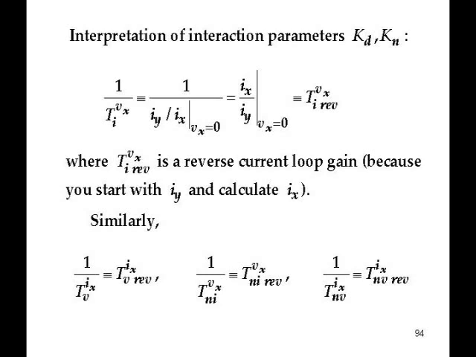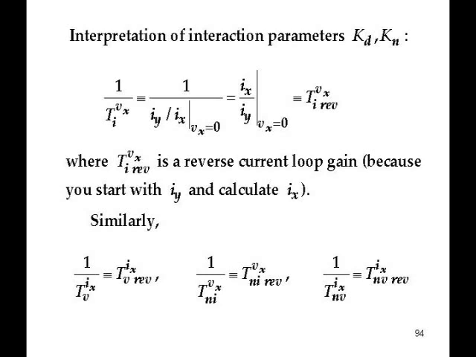And that itself you could define as a Ti Vx reverse. Because a transfer function is interpreted by saying the denominator is the driving signal and the numerator is the dependent signal. That's by definition. So the inversion of Ti with Vx nulled can be interpreted as a reverse current loop gain. Similarly with the TVIX. Again, the symmetry holds all the time. 1 over TVIX could be interpreted as a reverse voltage loop gain.